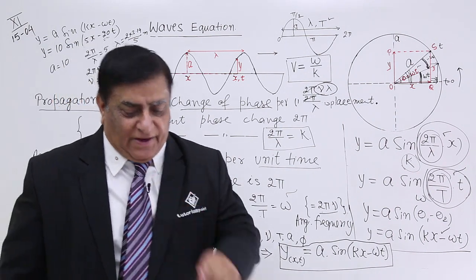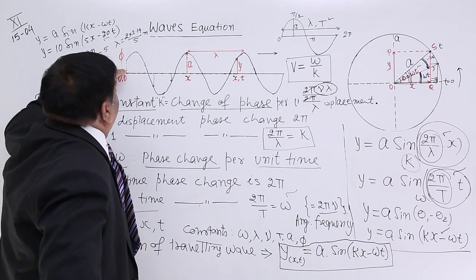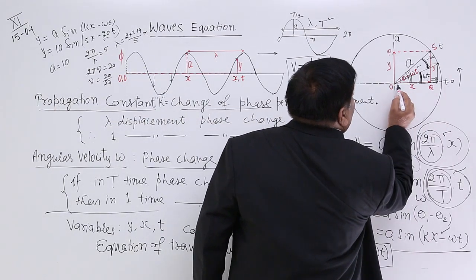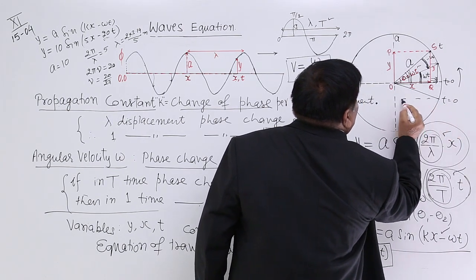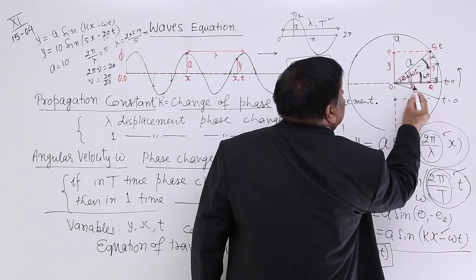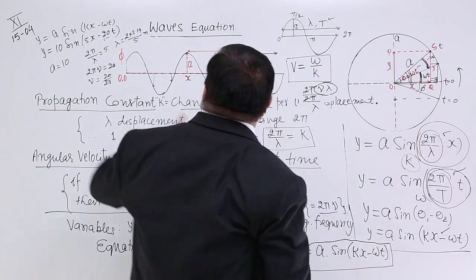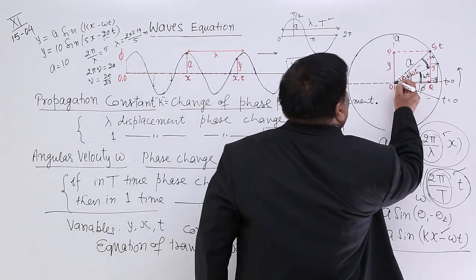Yes, one feature is left, that in our equation, this initial phase, we always started from 0. Suppose here is our time equal to 0 and the particle starts oscillating from here. Then this is the initial phase, we call it phi. It may be here, it may be here.